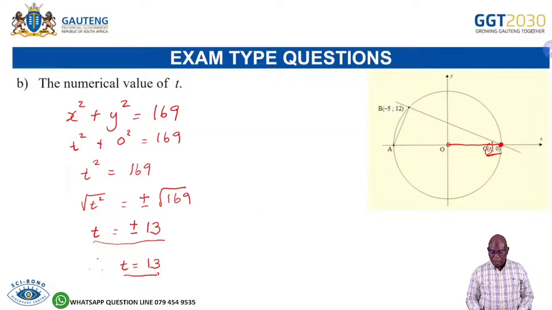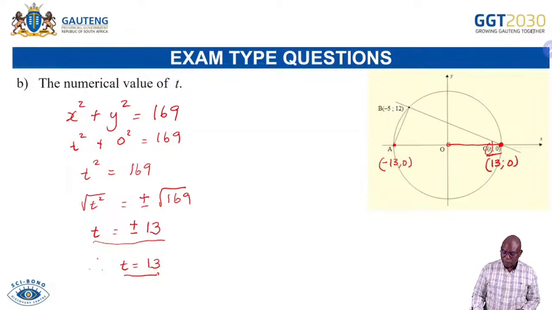Which means that at a point, which is not asked in this case, it will be negative 13 and 0. And at C point, which was asked, it's going to be 13 and 0. Okay. All right.